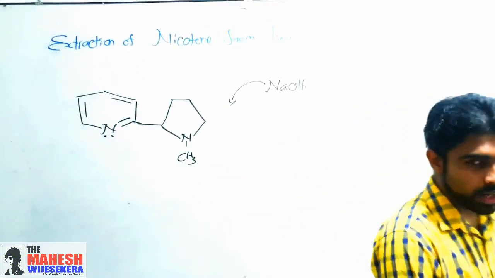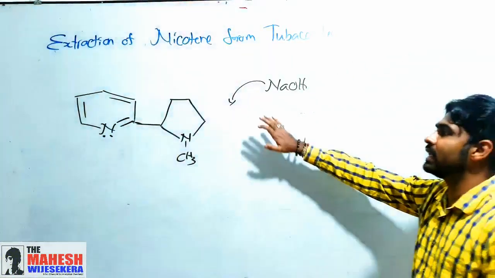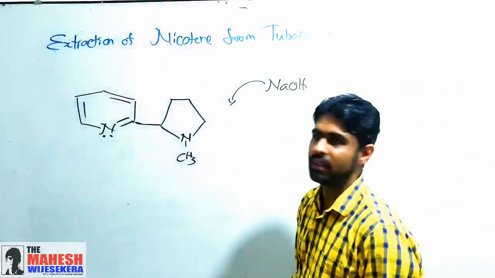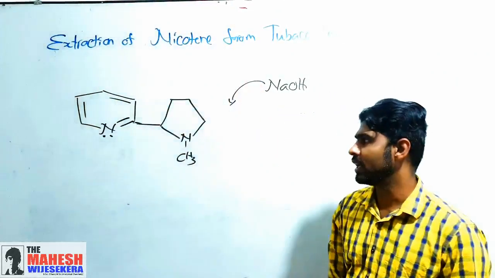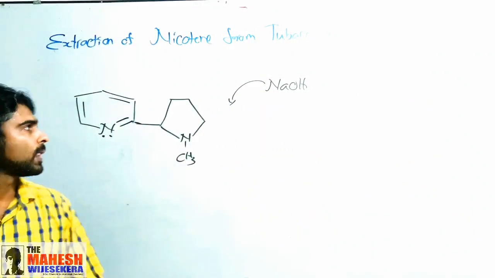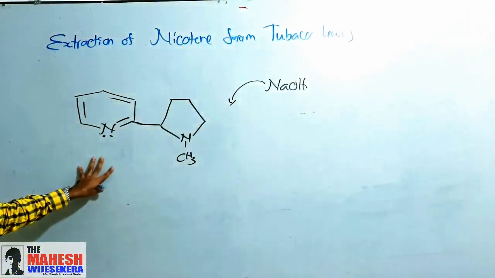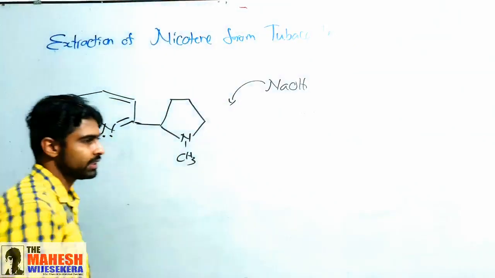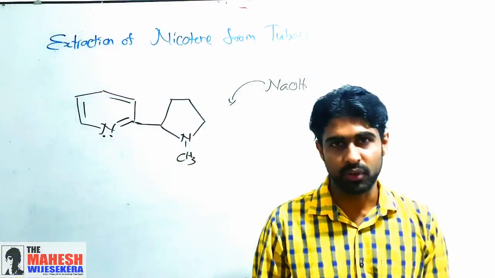Now when it converts into original nicotine, this is slightly insoluble in water because of this whole organic part. Earlier it was ionic, now it is not. Then you can put some organic solvent into that.